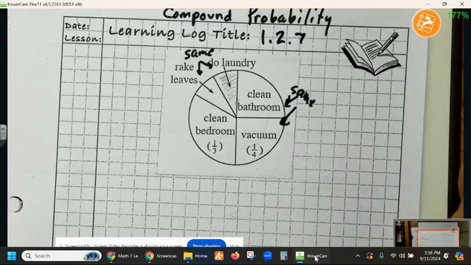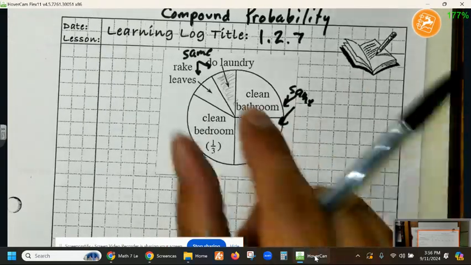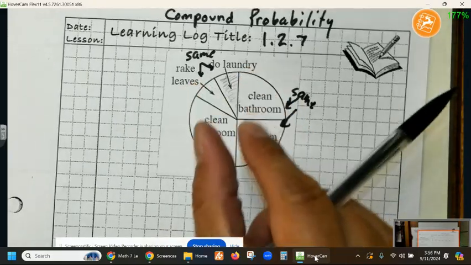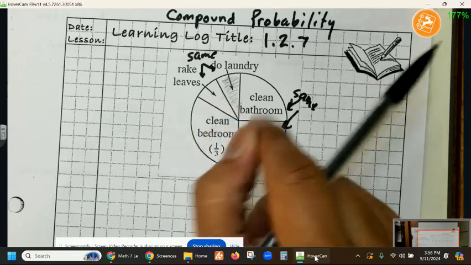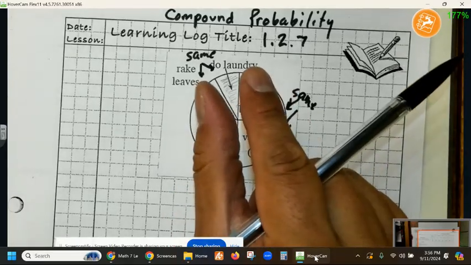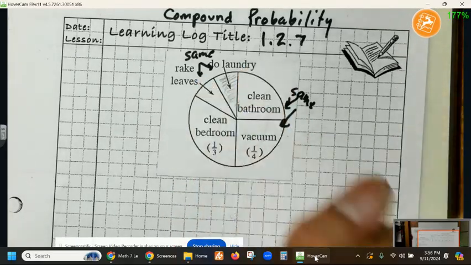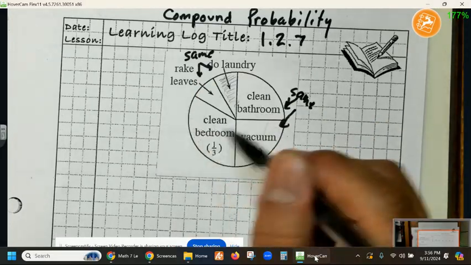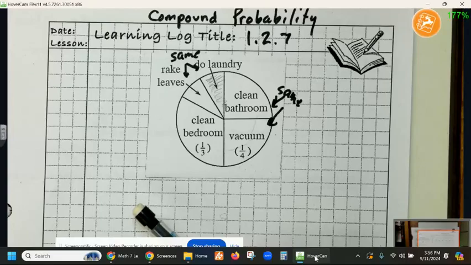In other words, we take it away from 100. Once we know all of these probabilities in this whole spinner, we will be able to tell how much is left through subtraction. Right? So let's go ahead and find out all of these different probabilities.